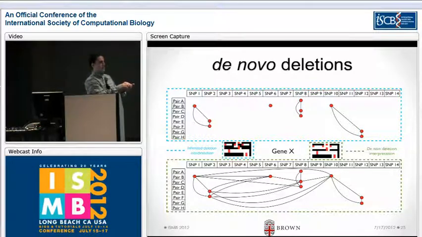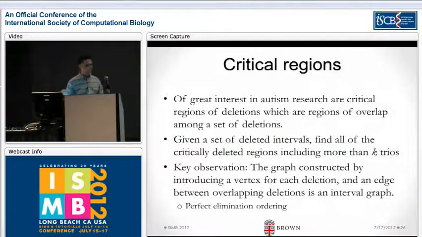When we interpret this data using the de novo framework, however, this second pair becomes consistent and indicates 1 de novo deletion there. And if we see the effect on the deletion graph, it becomes much more connected. And we actually have a 5-clique in here, which would be detected by the DELISHUS algorithm if the threshold was 5.